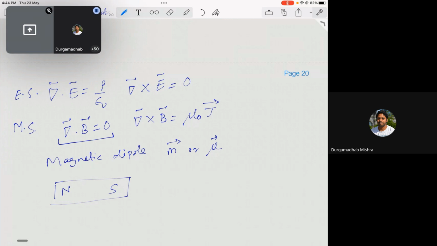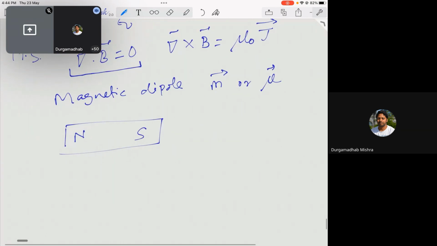One can find a relation between this B and a dipole moment. I will simply write down the formula without deriving it.